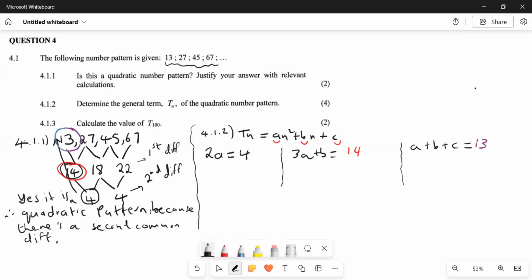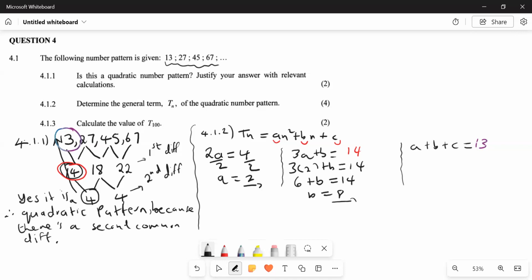So the only thing that you need to do now is divide both sides by 2. And then the value of a is 2. Where we see a, we substitute 2. So we have 3 times 2 plus b equals 14, and therefore 6 plus b is equal to 14. Therefore b is equal to 8.